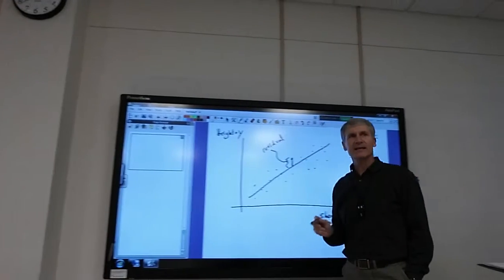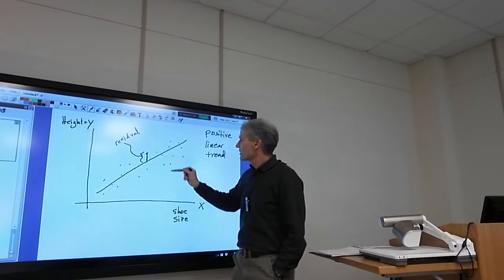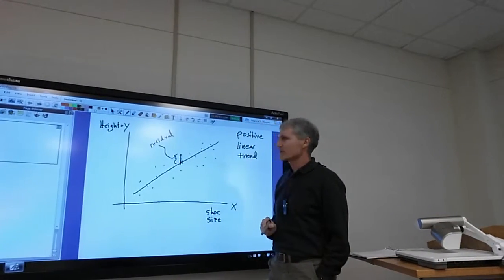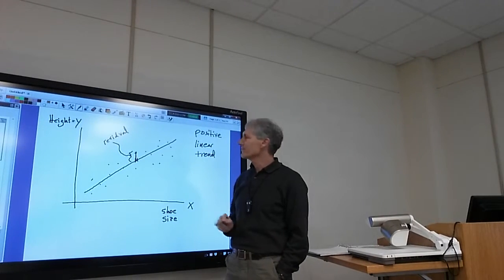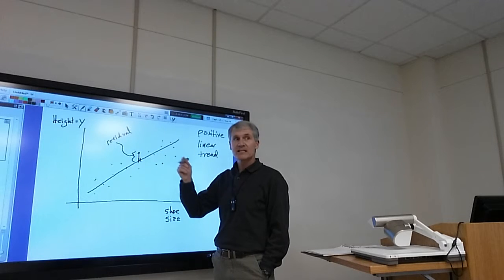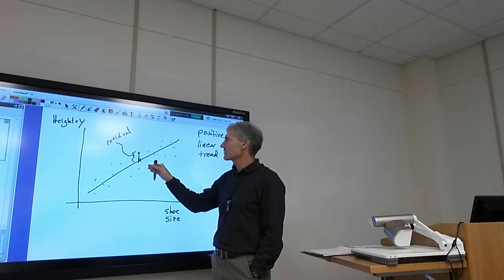Think of using the x variable to predict the y variable. The line predicts that the y variable would be there at the x I just drew, but the actual value is up here. So the residual is the difference between the observed value and the predicted value.